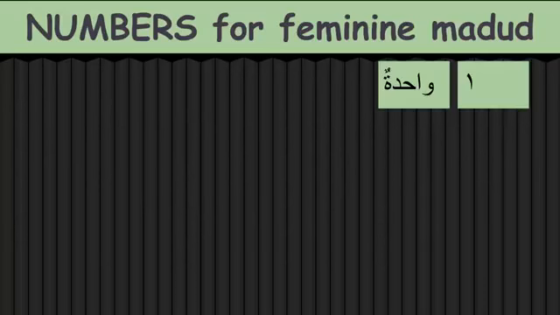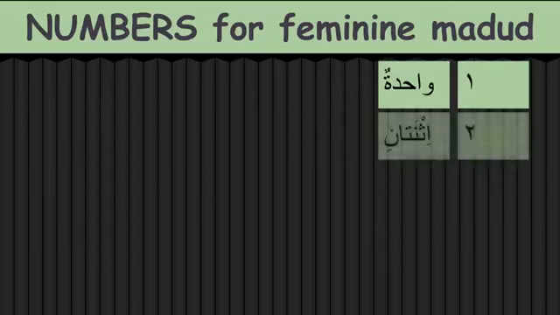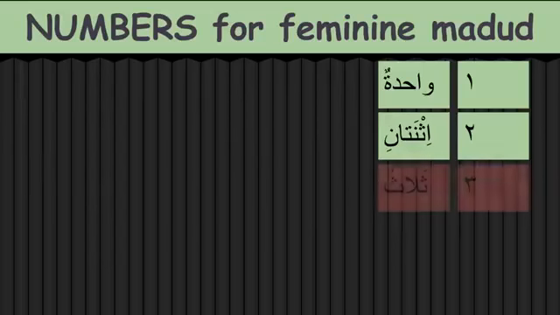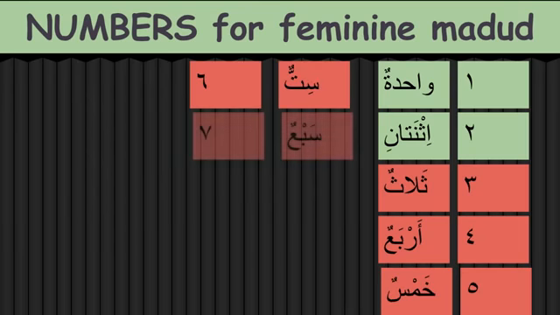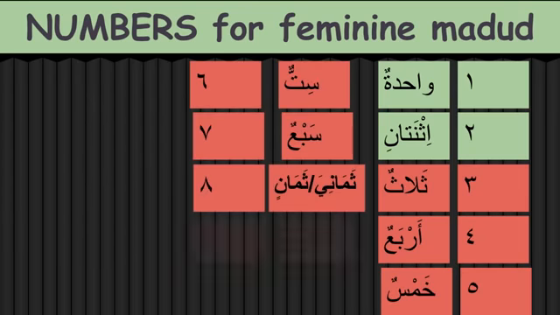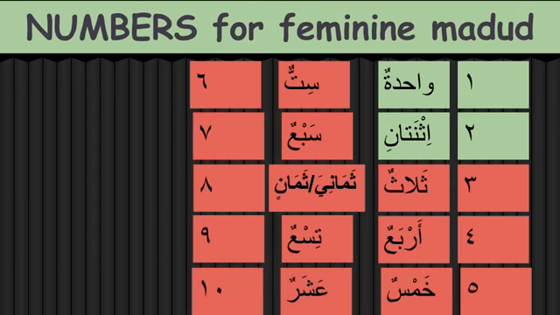Coming to the feminine ma'dud, 1 and 2 will have feminine numbers, wahidatun, ithnatani, and from 3 to 10 it will be masculine, without ta marbuta: thalathun, arba'un, khamsun, sittun, sab'un, thamaniyun, tis'un, asharun. So this will be the feminine from 1 to 10.